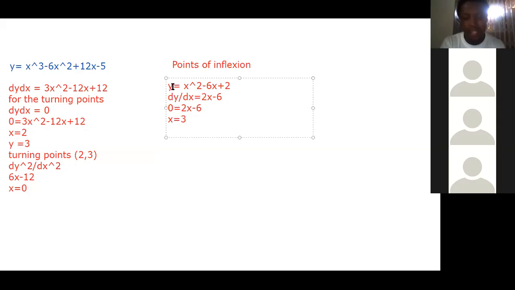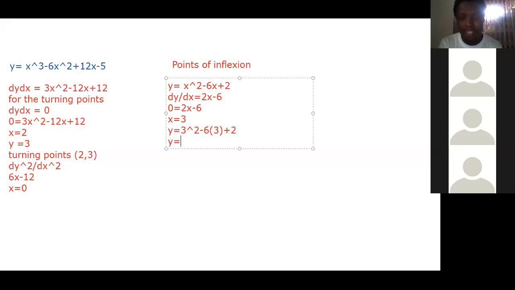Now you find its corresponding y. y will be equal to, we put 3 here, so 3 squared minus 6 into bracket 3 plus 2. So that will give us y is equal to 3 squared will be 9, 9 minus 6 into bracket 3 is 18.